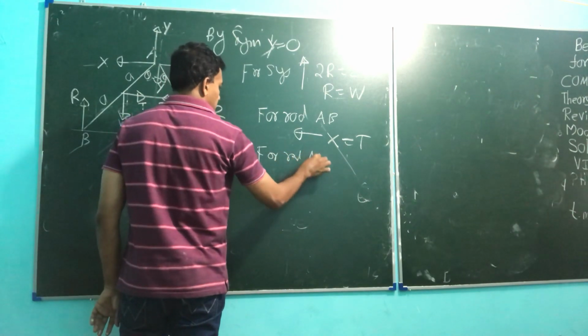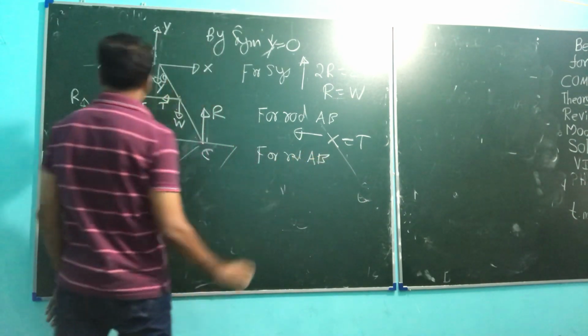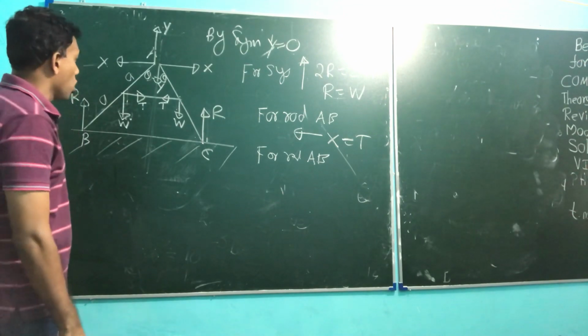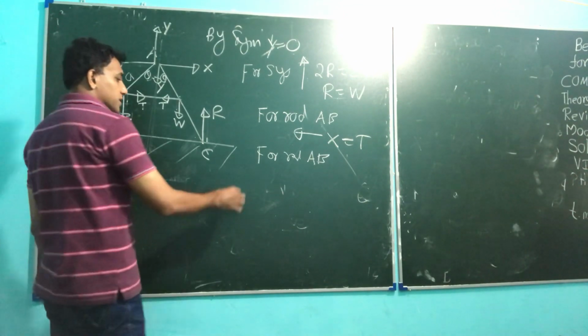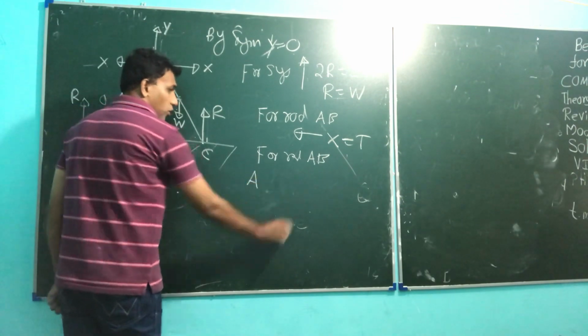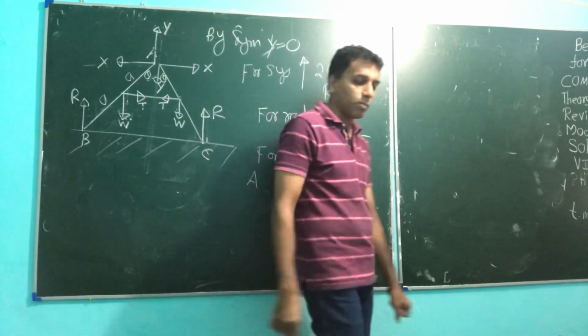For rod AB, take moments about A. Take moments about A, yeah? For rod AB, take moments about A. Complete it.